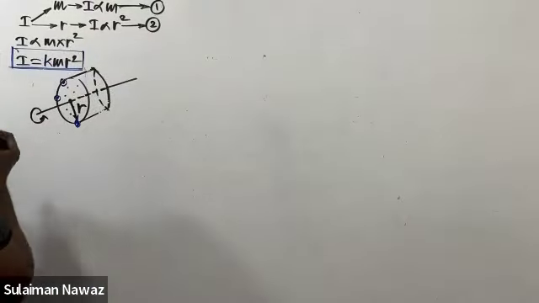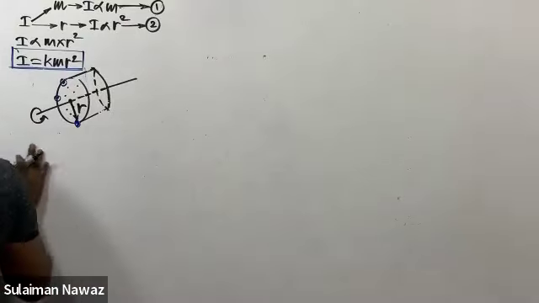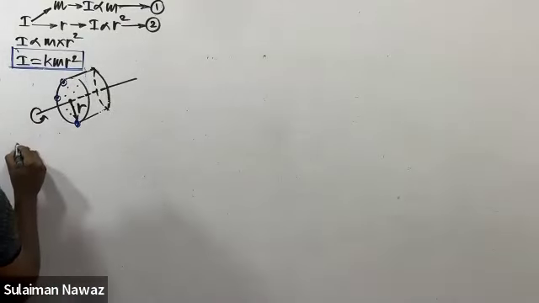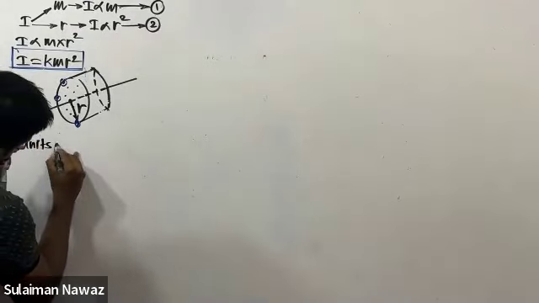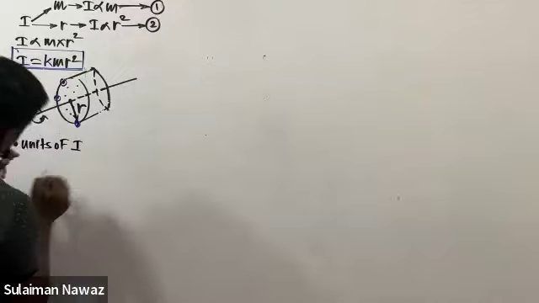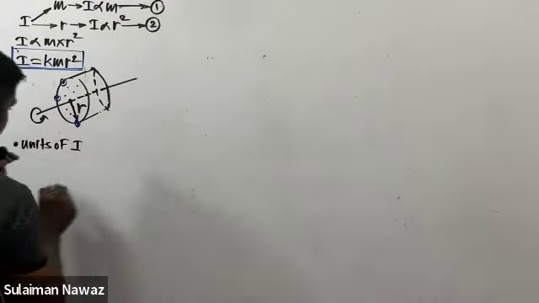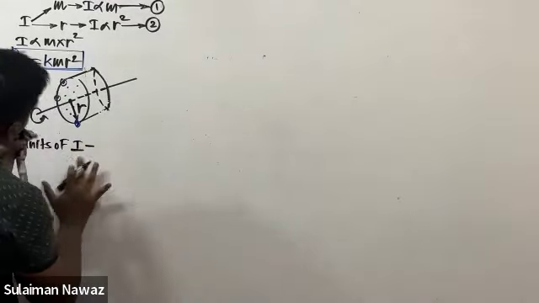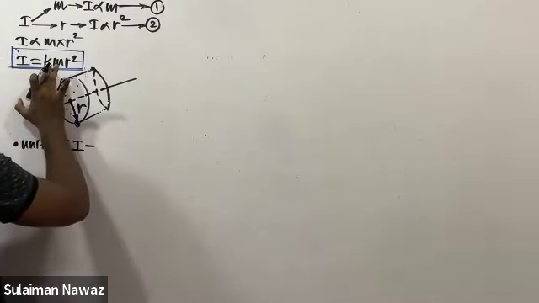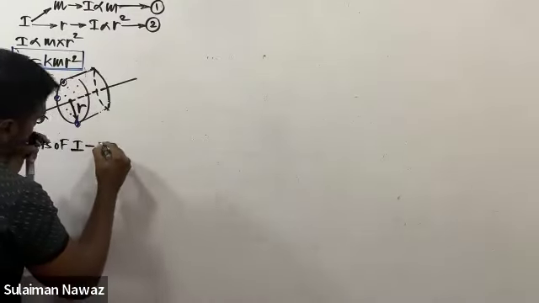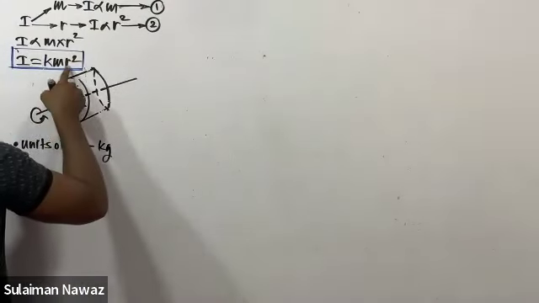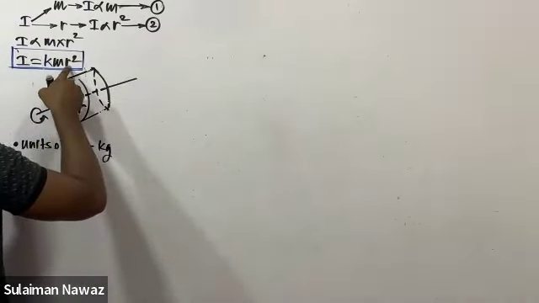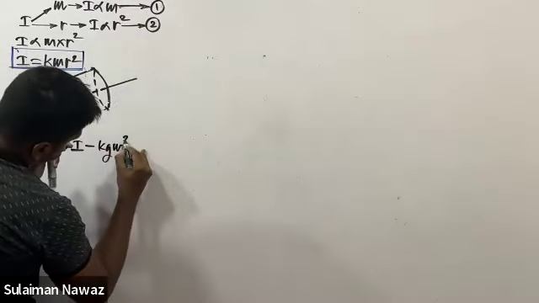What are the units of moment of inertia? K does not have any units. Mass is measured in kilograms, distance is measured in meters. So the unit is kg m squared.